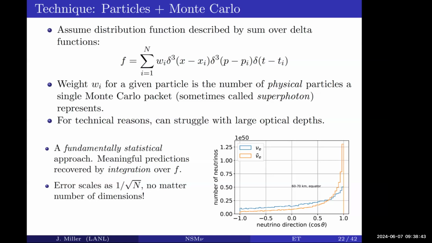So you can actually get explicit information about what the radiation field is doing if you have a method like this. But you have to give up on thinking of it as, this is a particle. They're particles in the numerical sense, but what they really are is samples of the distribution function. And this has the implication, obviously, that the error is Poissonian. So you have a 1 over square root of N error. And this is actually why these methods are great, because 1 over the square root of N does not scale with dimension.